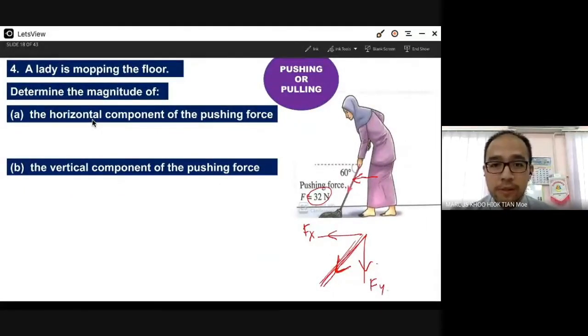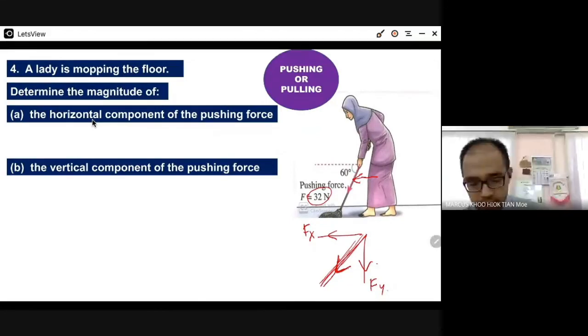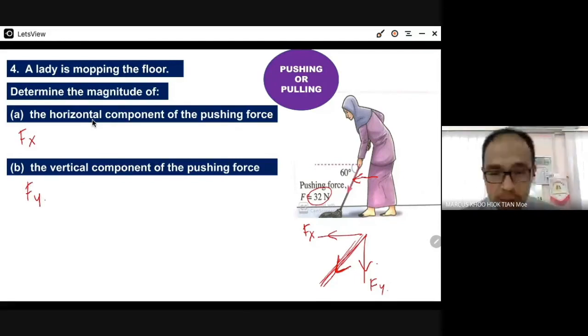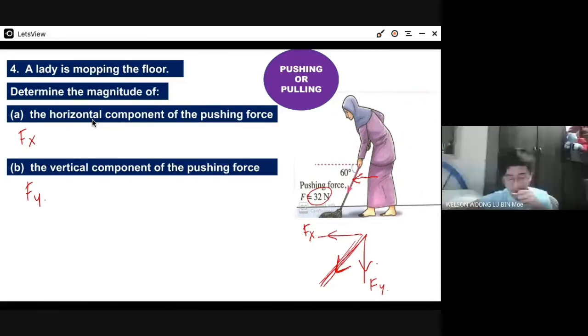The two forces. Okay, horizontal component is Fx, vertical component is Fy. I'm going to get Wilson and Wilson, our two twins, to give us these two. Fx, negative 32 cos 60. Value?